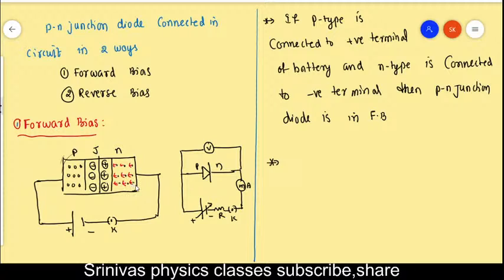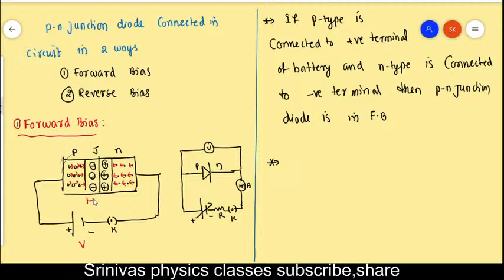And the holes are positive charge, they are repelled by the positive terminal, so they will go to the right side, like this. If sufficient voltage is given, if the applied voltage V is greater than the opposition voltage, the hole is not allowed to enter the N region because this positive ion repels.